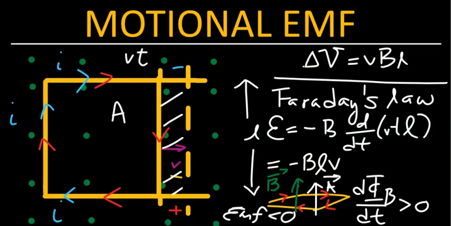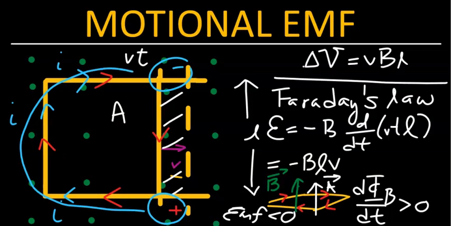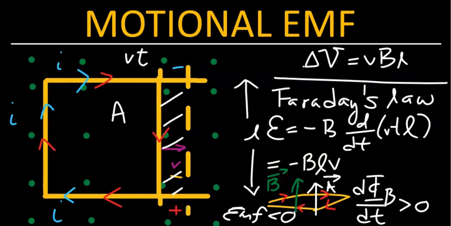And this agrees with the fact that this end is positively charged and that end is negatively charged. So the current should move from the positive terminal to the negative terminal as we expect. And now you can clearly see why this induced EMF is called motional EMF. And the reason is because it arises from the motion of a conductor through the magnetic field.